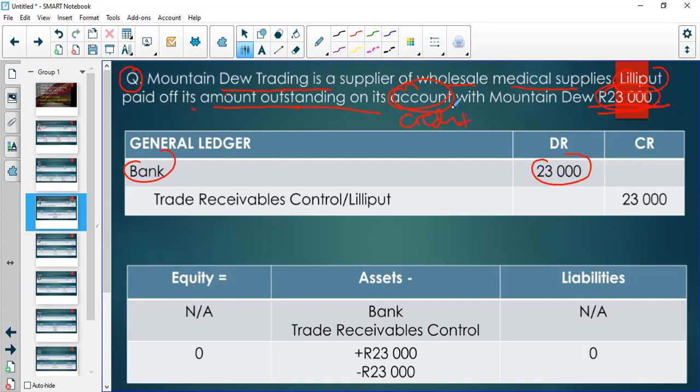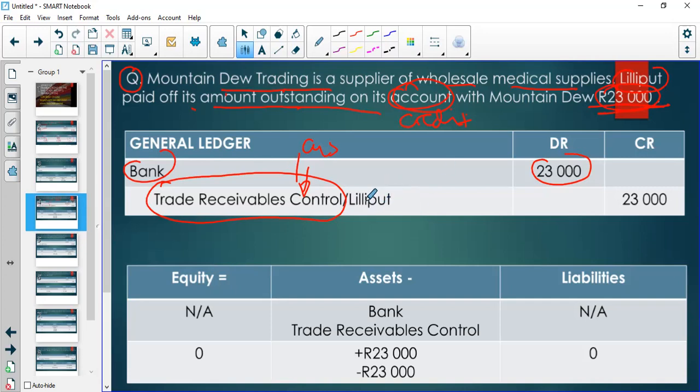This is not a cash customer, because a cash customer comes today, pays cash and goes away. But a credit customer, somebody who buys on account, we first of all have to record that as trade receivables. So this money is now coming from our trade receivables control. Our customers that owe us are called trade receivables control. So the money is coming from customers who owed us because they bought on credit.